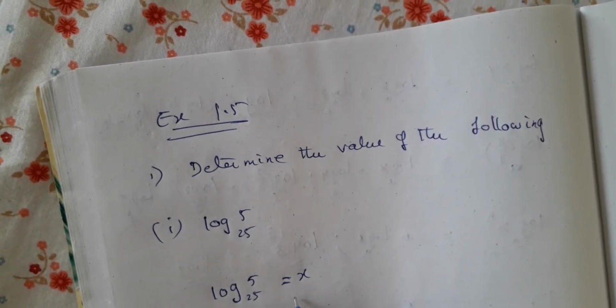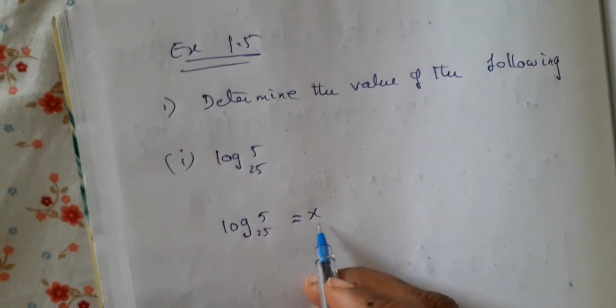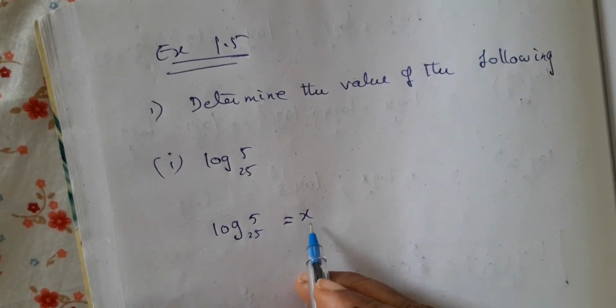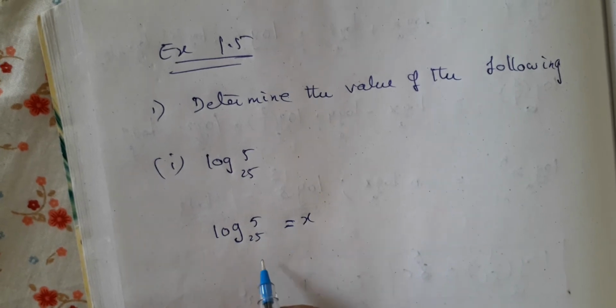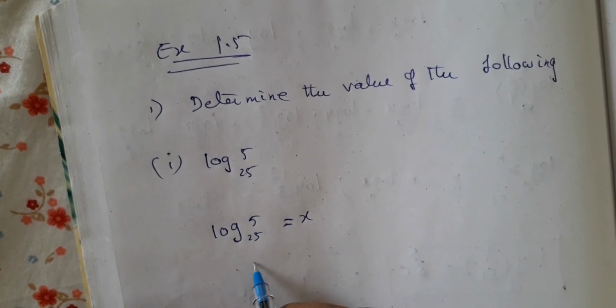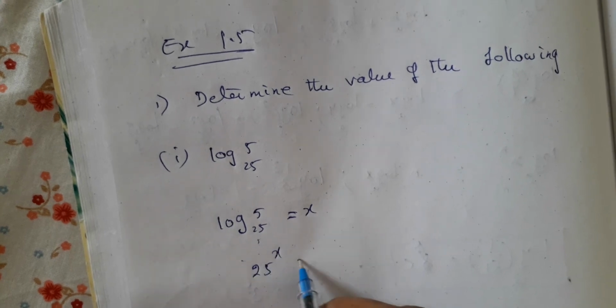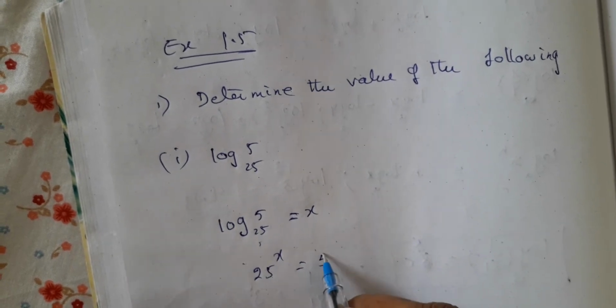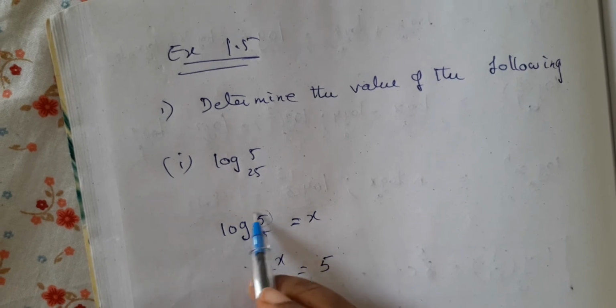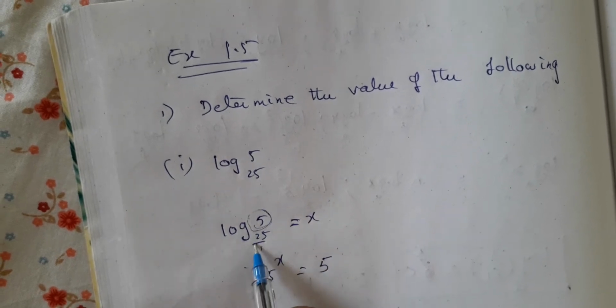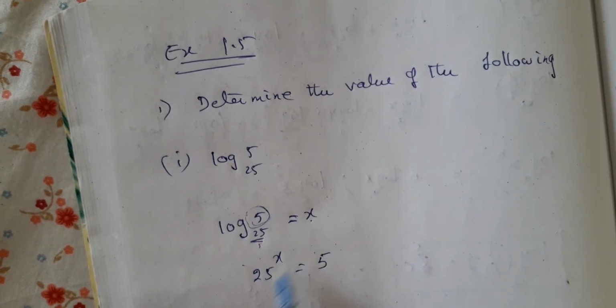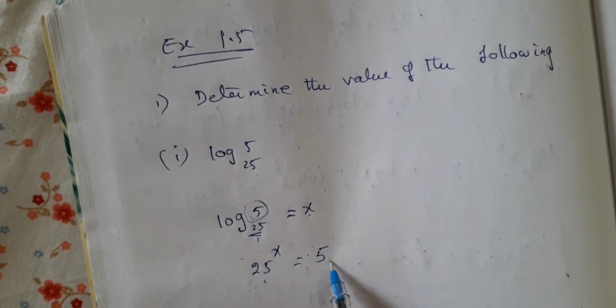We don't know what it is, right? Okay, so I can write it with the base as the base: 25 power x is equal to 5, is it not? The LHS here is 5, base is 25, power is x. 25 power x is equal to 5.